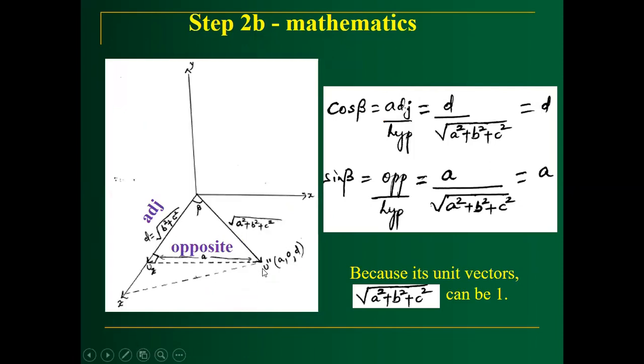Now you should apply this cos beta, sine beta into the y-axis rotation, because you are now rotating: step 2a means x-axis, 2b means y-axis. That is why this is 0. Now let us understand this beta as 60 degrees.